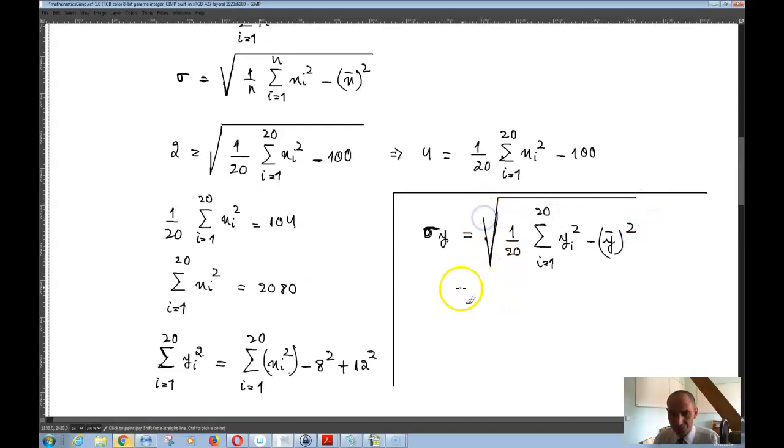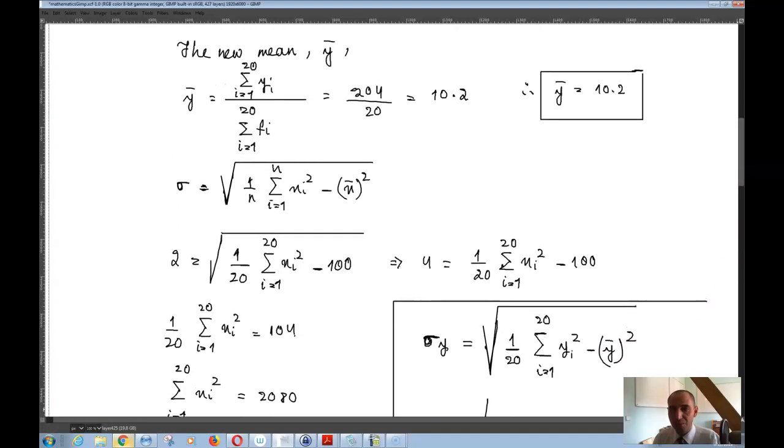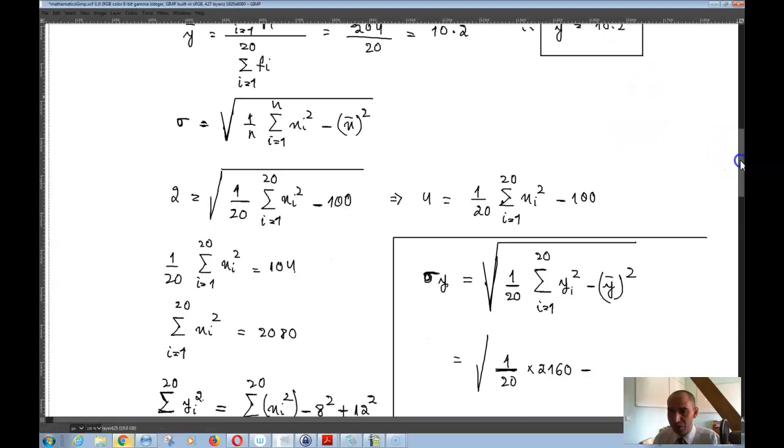Which is equal to the square root of 1 over 20 times 2160, and you need to subtract from that y bar squared. Y bar squared is 10.2 squared.